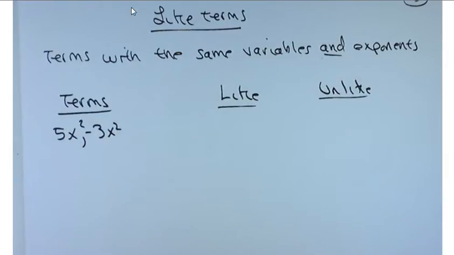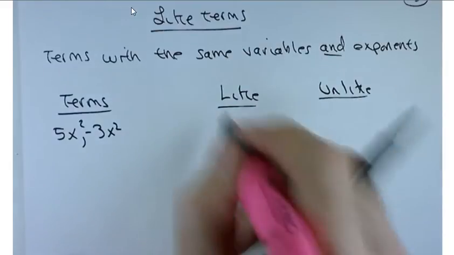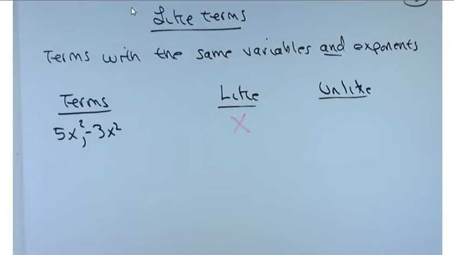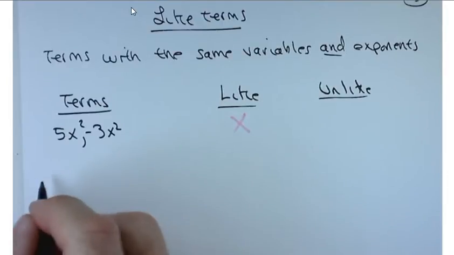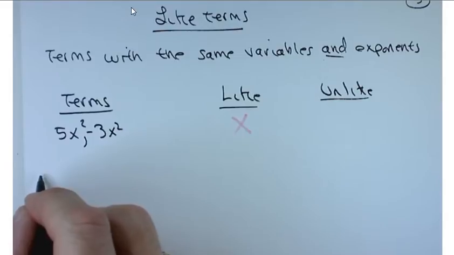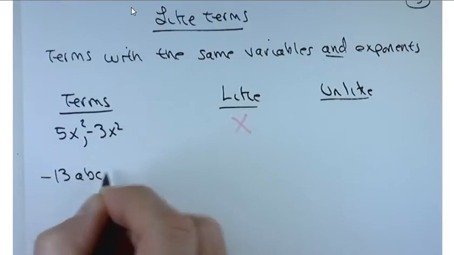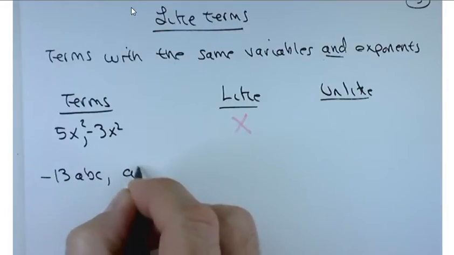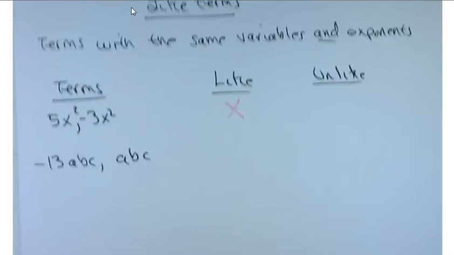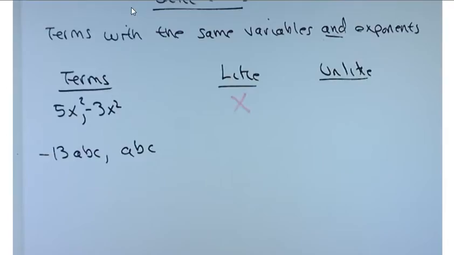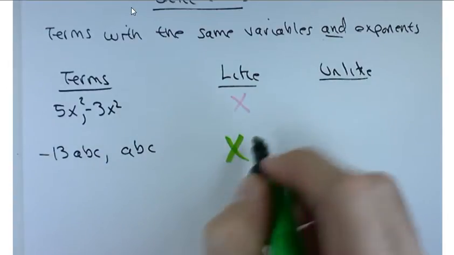Are those like terms? Yes. What matters is that they have the same variables and exponents. I could have negative 13ABC and ABC. How about those? Are those like terms? Yes, thank you. So again, the same variables and exponents.